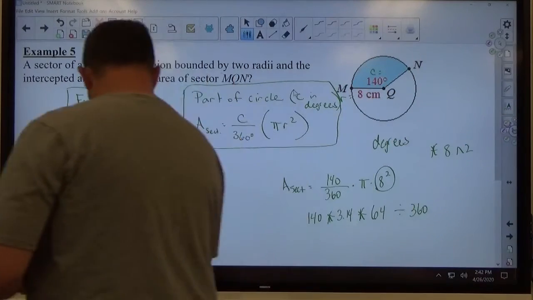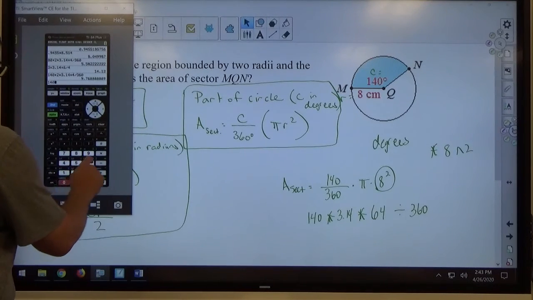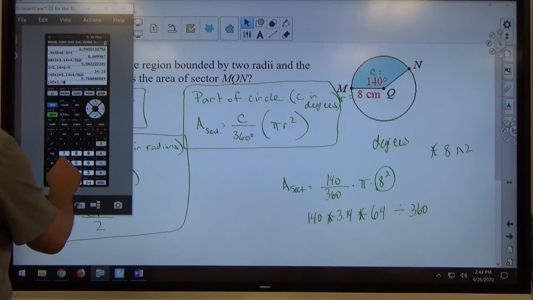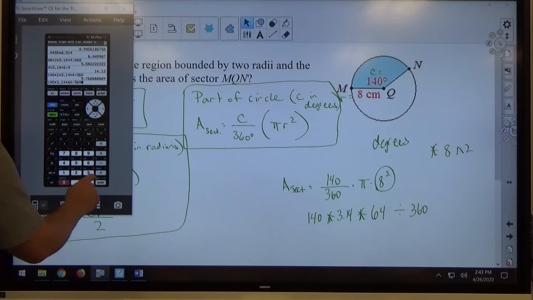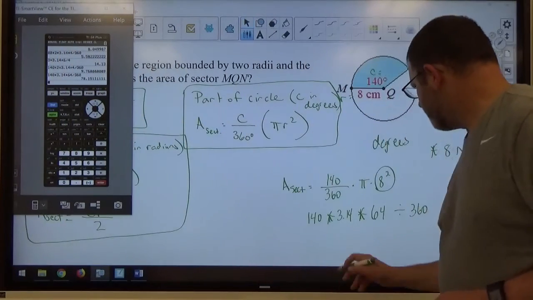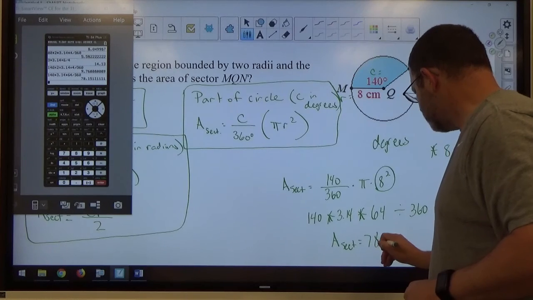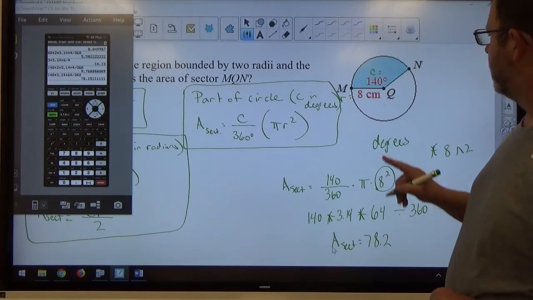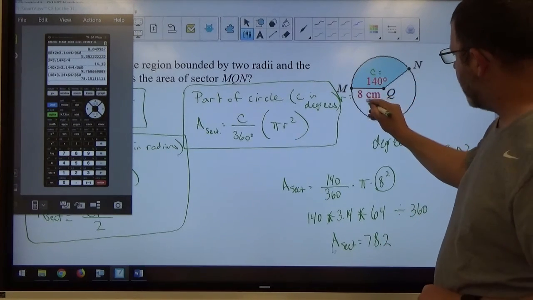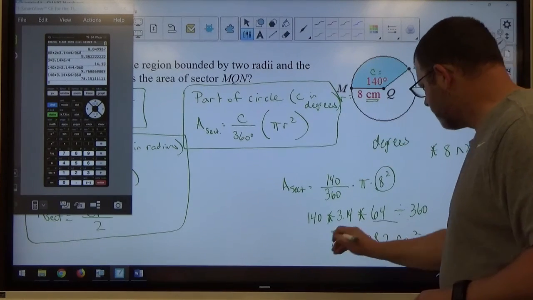So it's going to look like this: 140 times pi, which is 3.14, times 8 squared, which is 64, divided by 360. We get 78.2. And the unit of length of the radius is centimeters. We're dealing with area, so that's going to be centimeters squared.